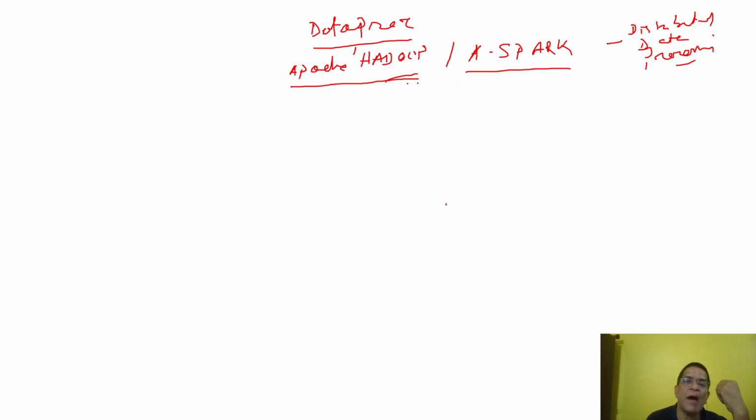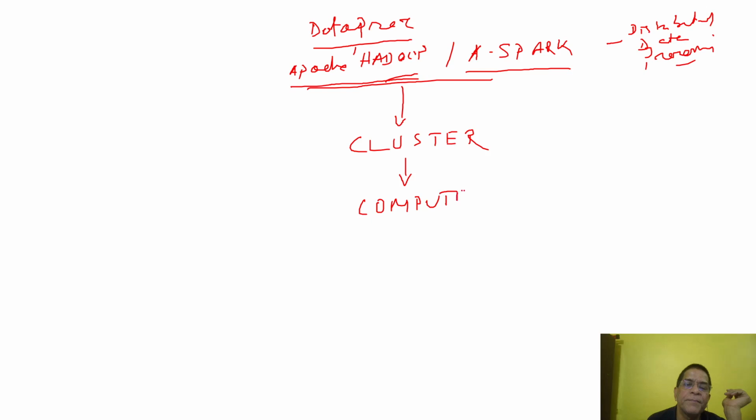Once we are in this, we go for creating a cluster. Cluster means it's a place. We're creating a cluster in that Hadoop and Spark platform. This is the platform, and in that we are creating a cluster. And this cluster is created on a compute engine.